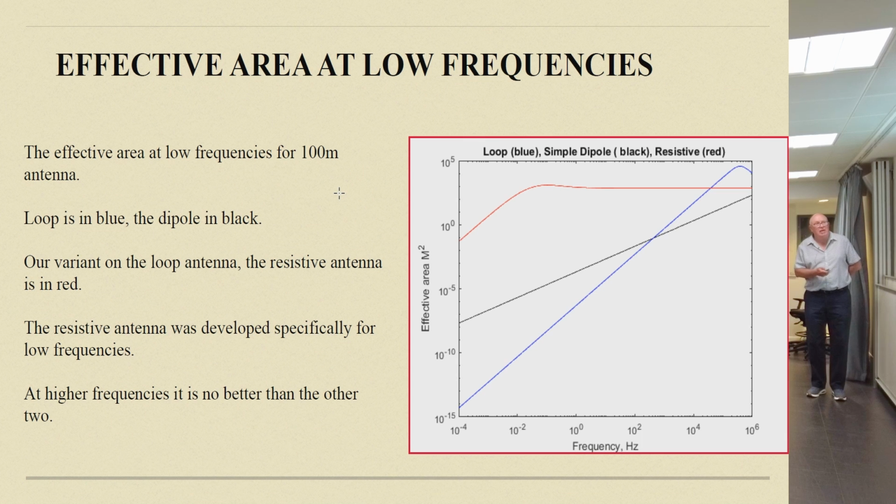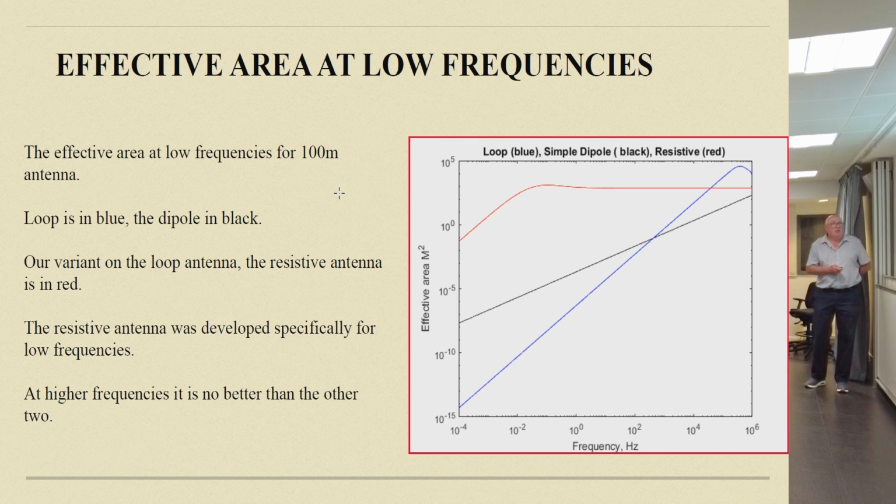It's quite low here. But notice in this region, somewhere around the region we're looking at, the effective area is actually quite high, and this is an idea we might be able to exploit. And then eventually, of course, they all level off as you get further into higher frequencies.